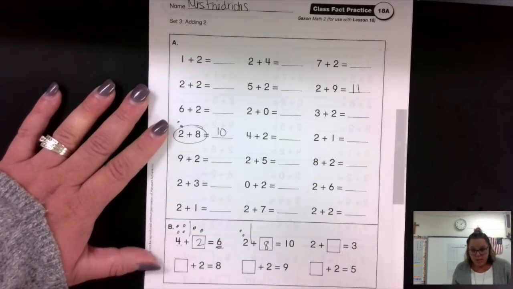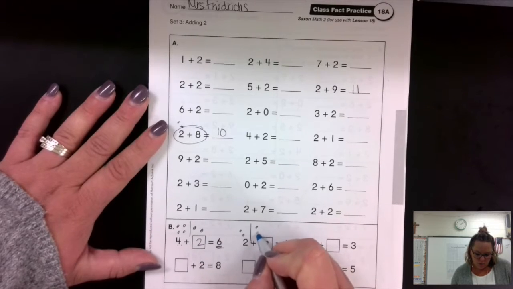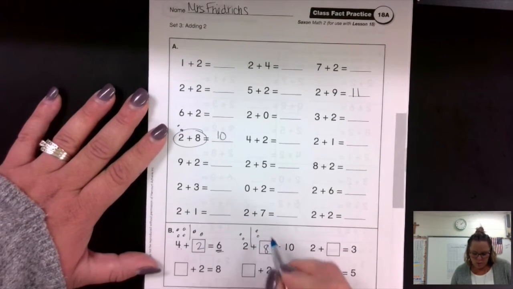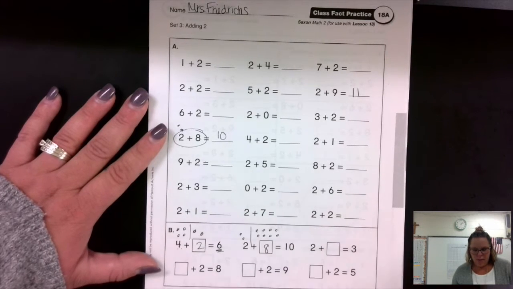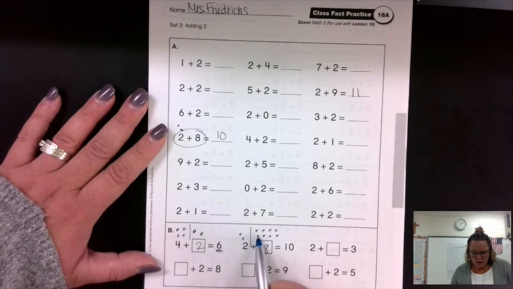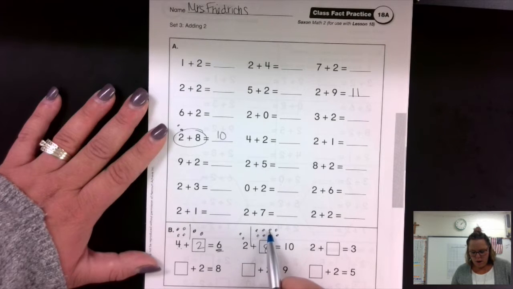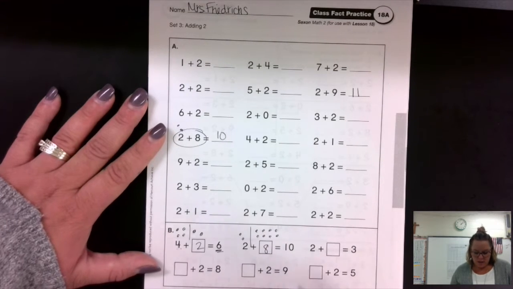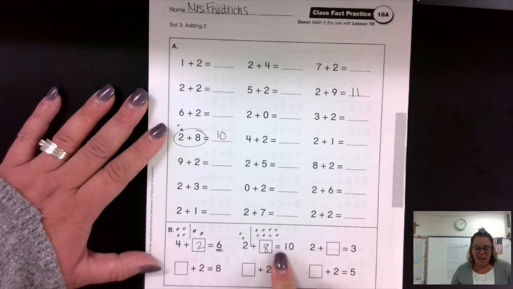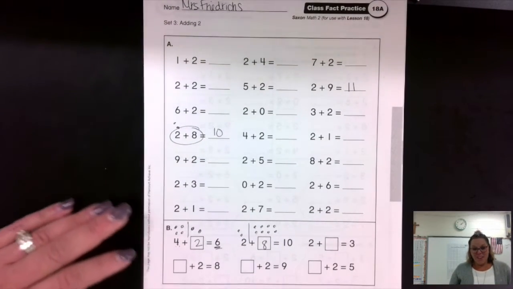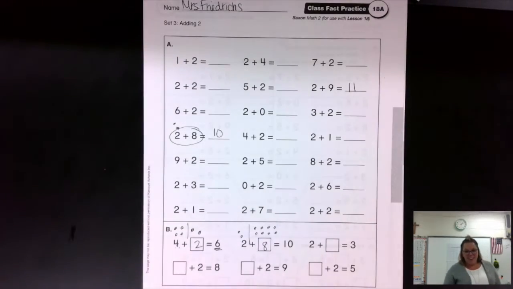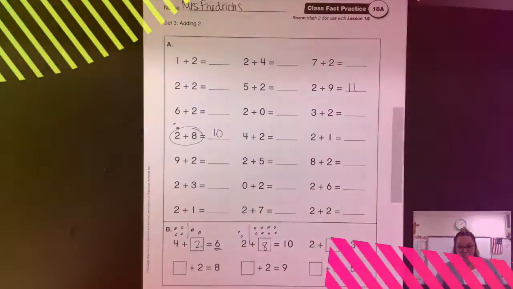And if you don't trust that, then you can draw it all out. 2, 3, 4, 5, 6, 7, 8, 9, 10. How many dots did you just make? 1, 2, 3, 4, 5, 6, 7, 8. So 2 plus 8 does equal 10. You can do that on these other ones as well. All right, friends, you're going to have 2 minutes to do as many as you can. Ready? Go.